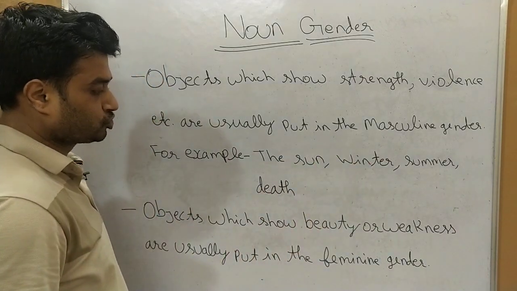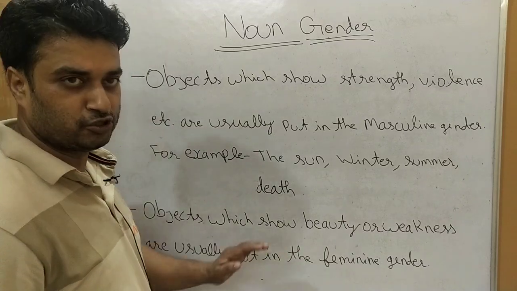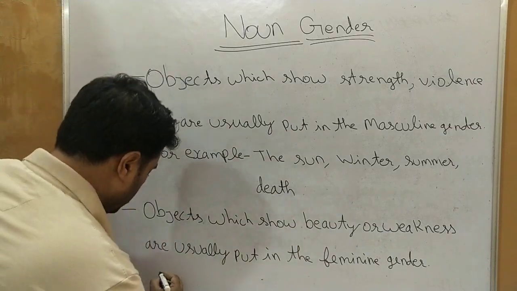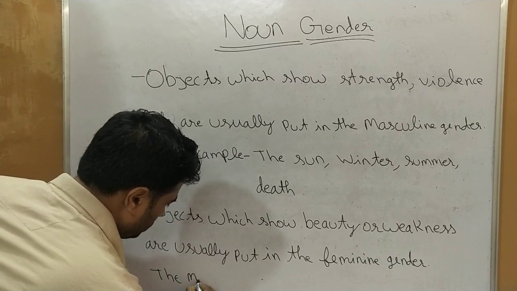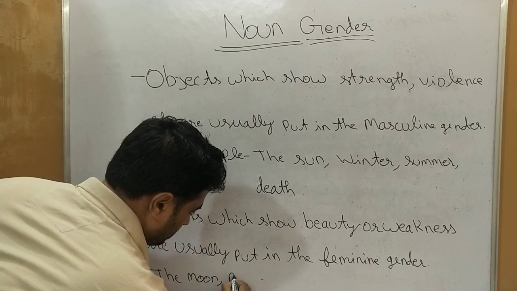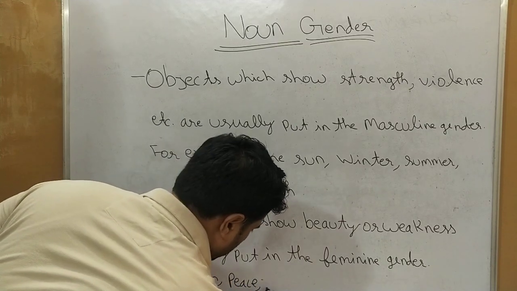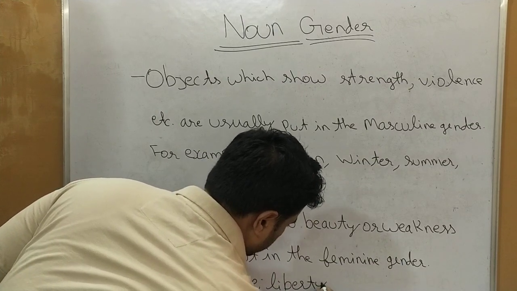And objects which show beauty or weakness are usually put in the feminine gender. For example, the moon, peace, liberty.